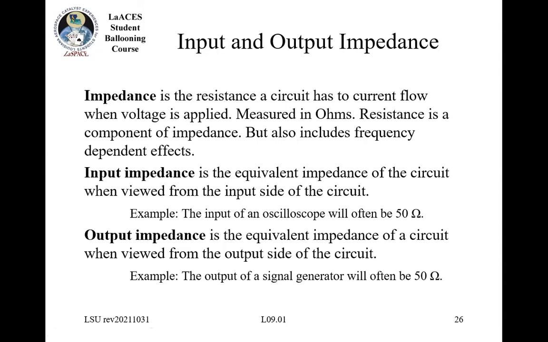One says 50 ohm input, but I may be able to change the settings so it has a very high impedance on the input. 1 mega ohm is fairly common. Most of your test equipment will have a similar setting or a spec on the output. For example, a signal generator will be 50 ohms on its output.